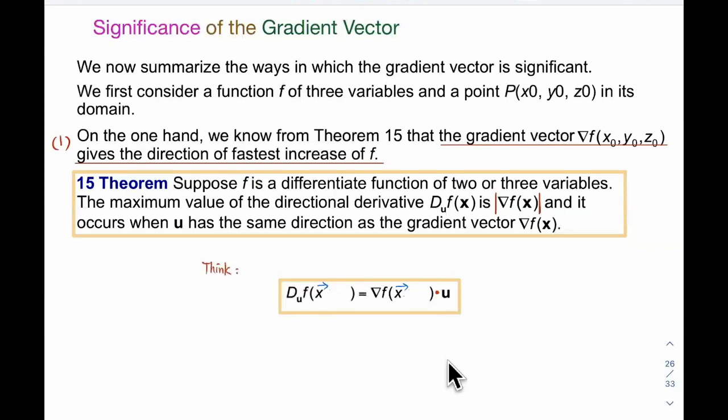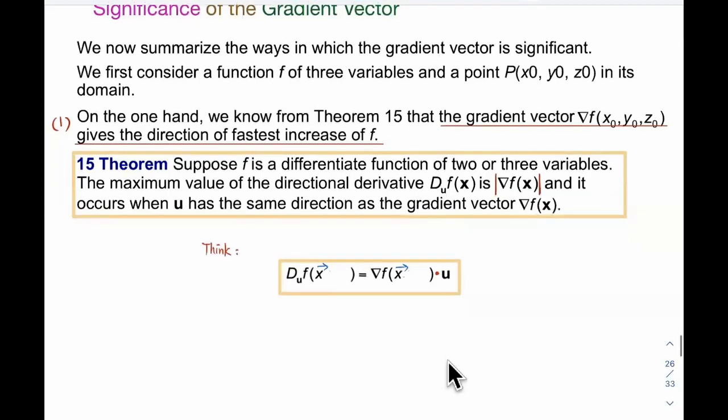Then the maximum value of the directional derivative is the magnitude of the gradient vector, and it occurs when u has the same direction as the gradient vector. Okay, great.